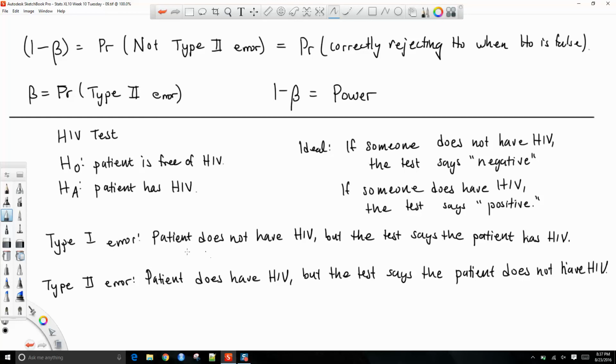If we were forced to err on one side or the other, which error is worse than the other? The type 2 error is worse, right? This has significant epidemiological consequences. So in this case, we want all of the tests to be as sensitive as possible.